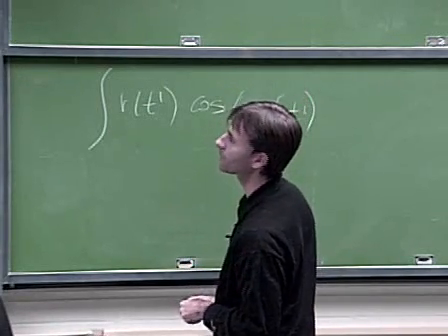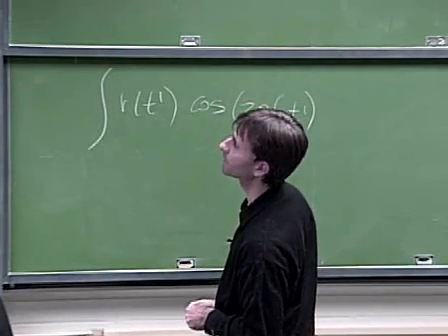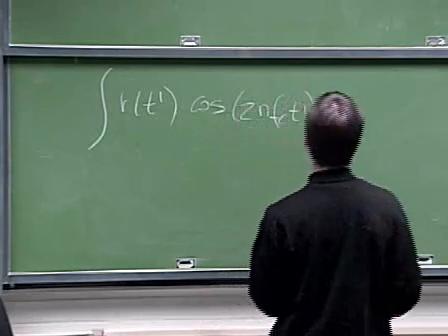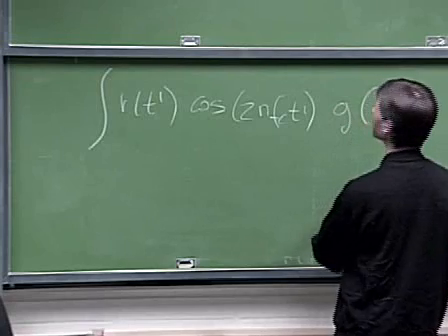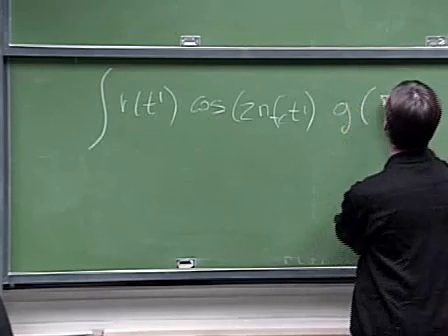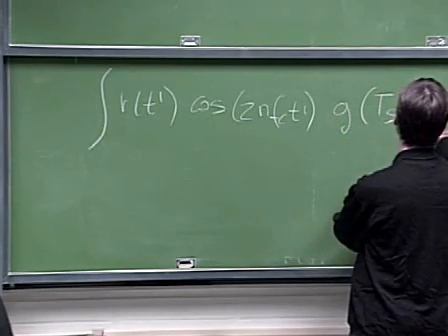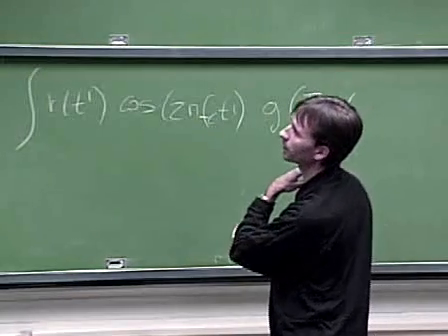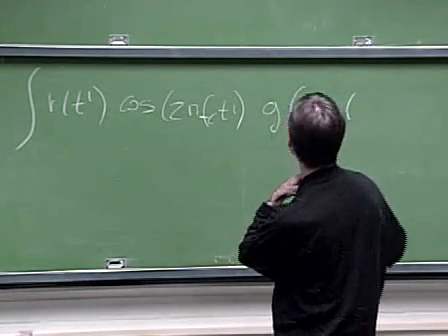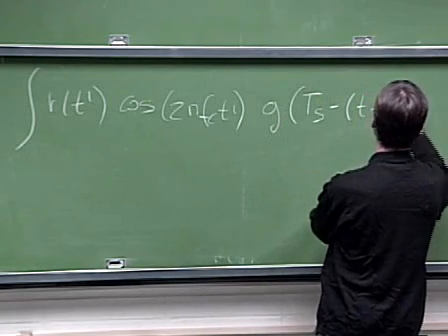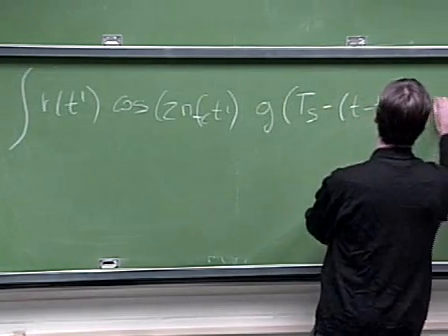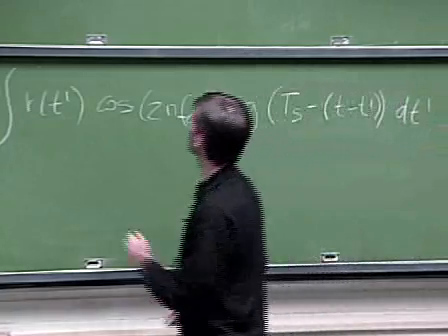And now I'm convolving this with g of capital T minus t. So the convolution entails that to convolve, I have to integrate, replacing t with capital T minus t prime.